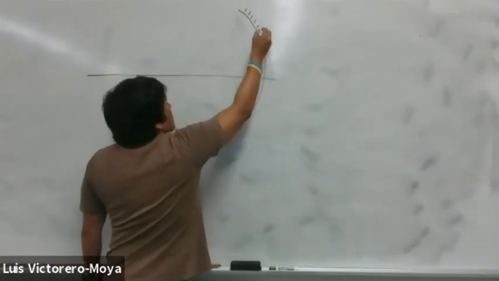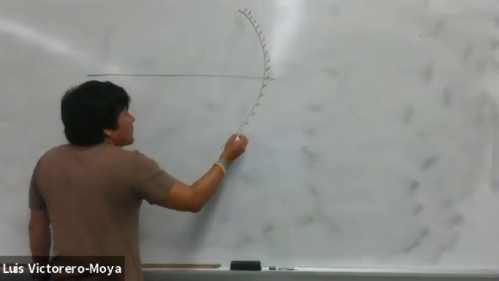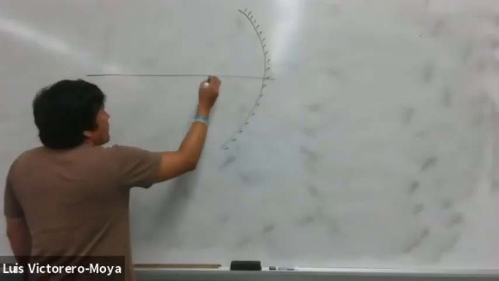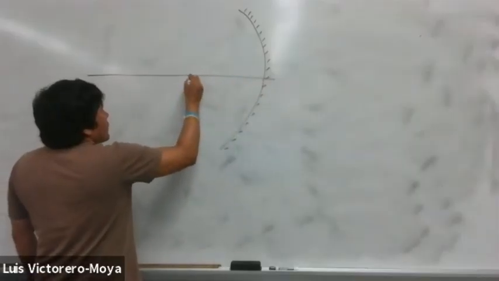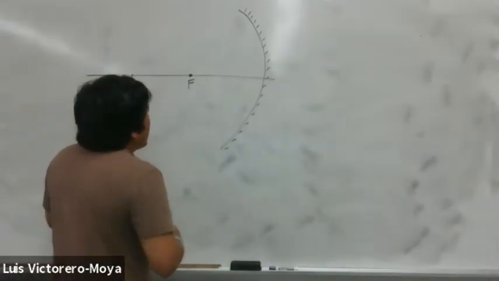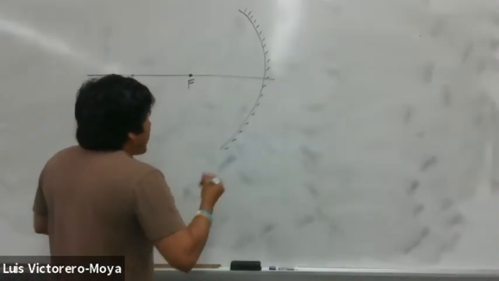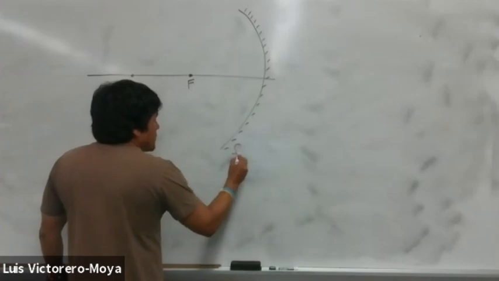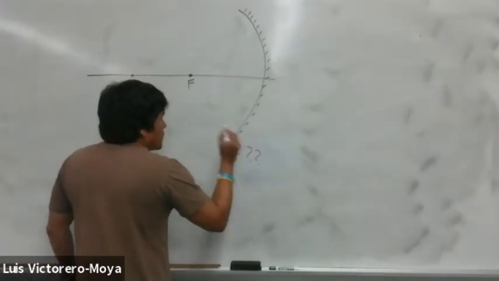So that's the comment. Basically, you have the focal point and the center of curvature there. And then they ask you to find the focal length of this mirror.